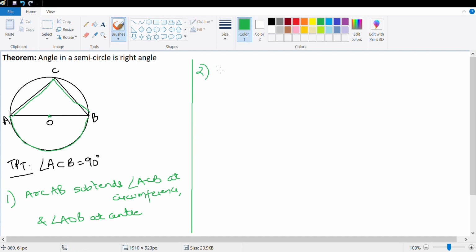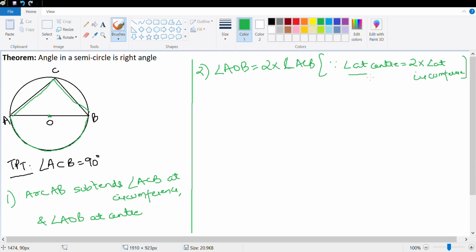We already know angle AOB is equal to 2 times angle ACB, since angle at center is equal to 2 times angle at circumference. Now in your exam you will not write it the way I am writing it here, you will write the full sentence, but since we will be solving a lot of questions, to save time I am writing it in this form.